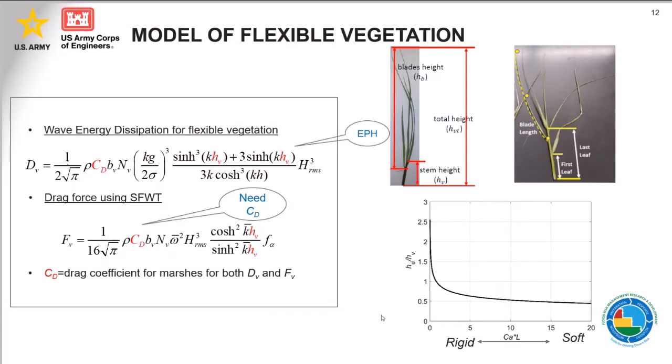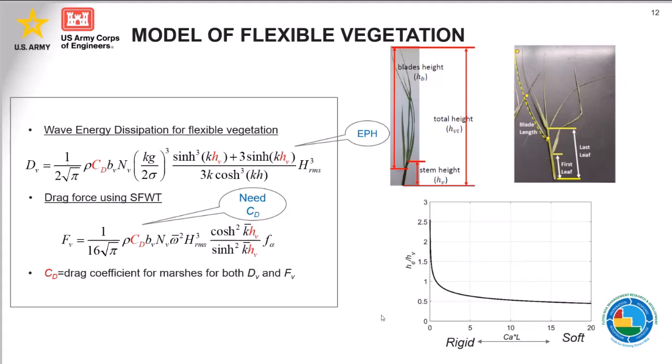So this is just highlighting how the effective plant height is incorporated into our model. CSHORE-Veg utilizes effective plant height as determined by the scaling law as our plant height in both the wave energy dissipation and drag force calculations for the wave action and momentum equations, respectively.